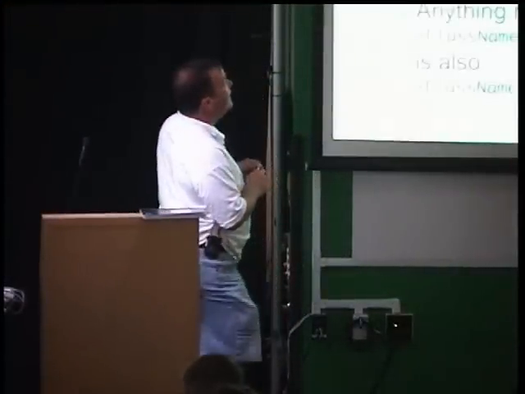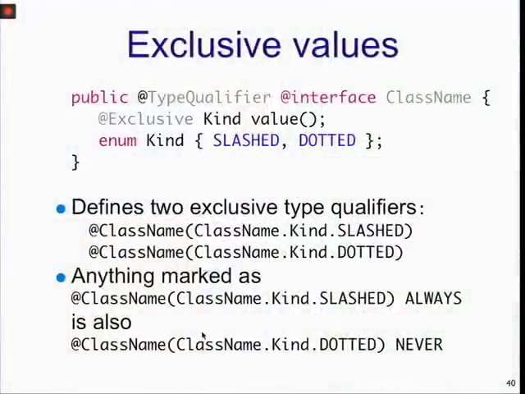Right? And so I can define a type qualifier called class name that takes a value, which is a kind, either slashed or dotted. And thus, this defines two exclusive type qualifiers. They're exclusive because I put this attribute on the value. And what does it mean that they're exclusive? That means if something is always a slash class name, that means it is never a dotted class name.